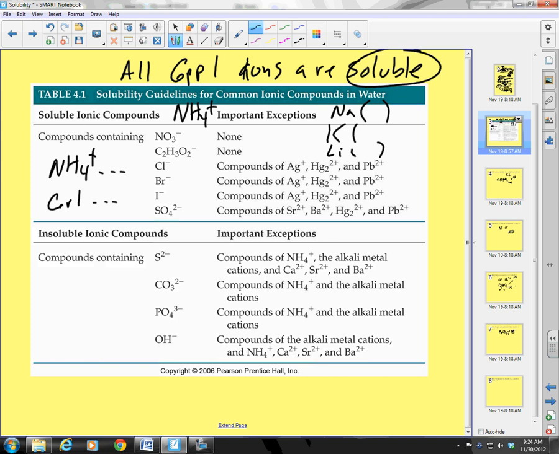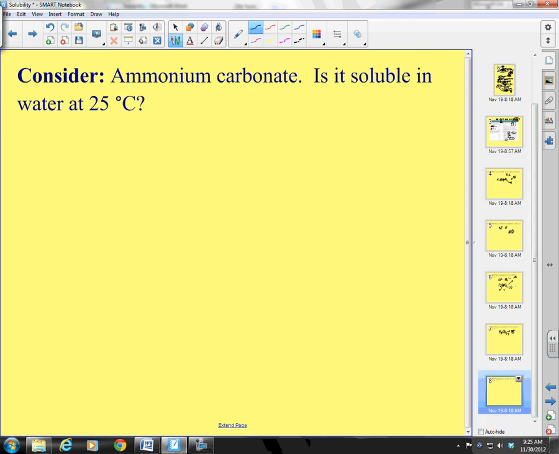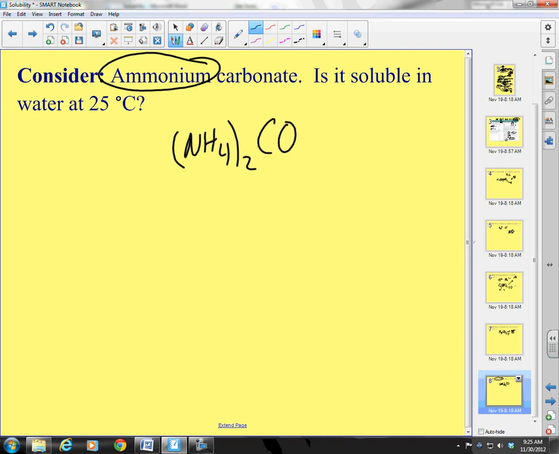No exceptions. And that's why you see here, like, ammonium and group ones, ammonium and group ones. All my ammonium and group ones are soluble. Good. So when I come here, what do you see? Ammonium, and I have NH4, and I have 2 and CO3. And when we look at carbonate, what do we see?